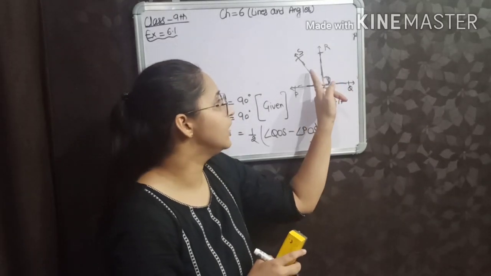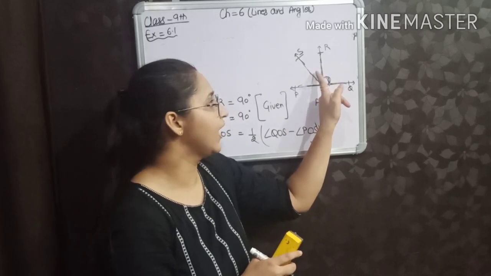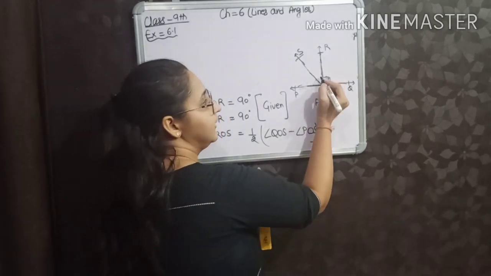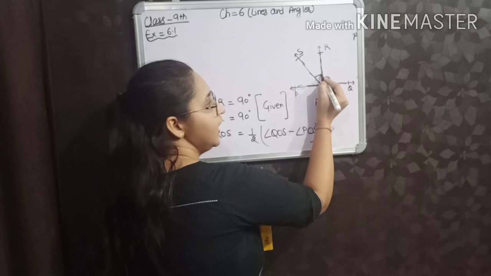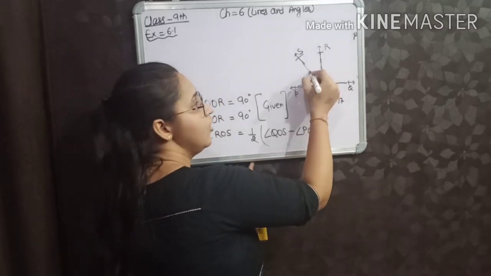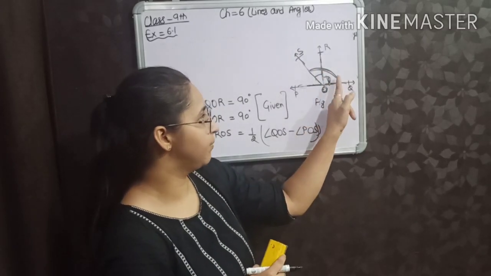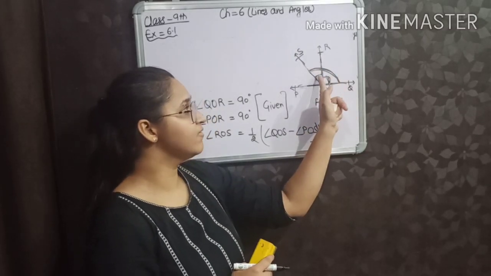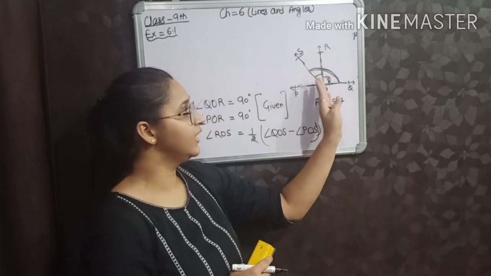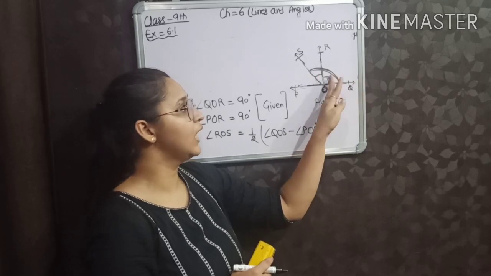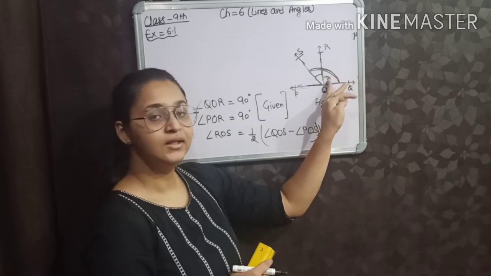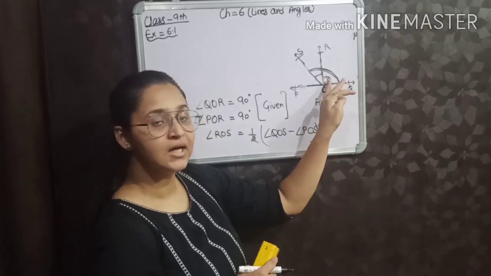If I subtract this angle from this complete angle, I will be left with only this angle, and this angle is 90 degrees.